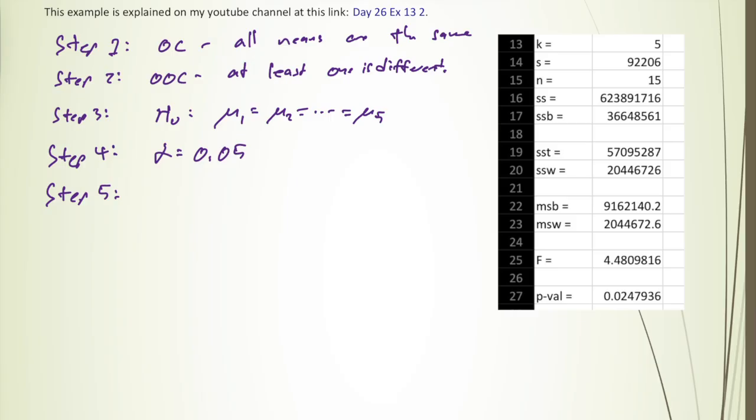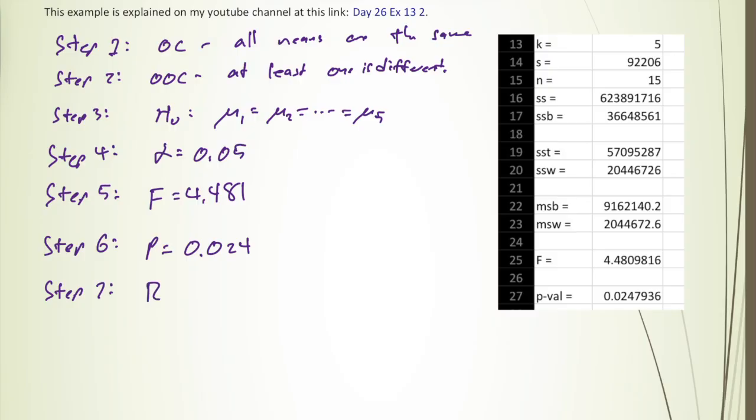Okay, there's all the information I need. So my F statistic is 4.481. And then my step 6, my p-value is 0.024.